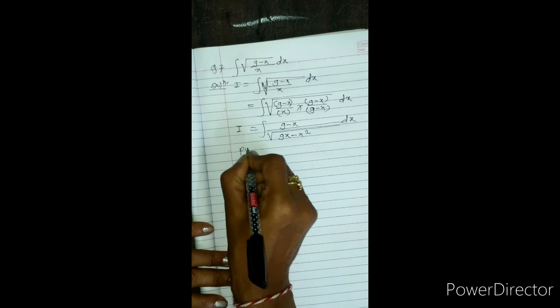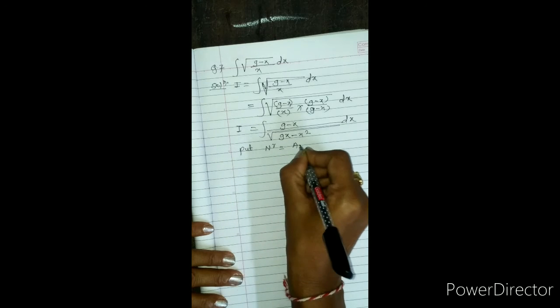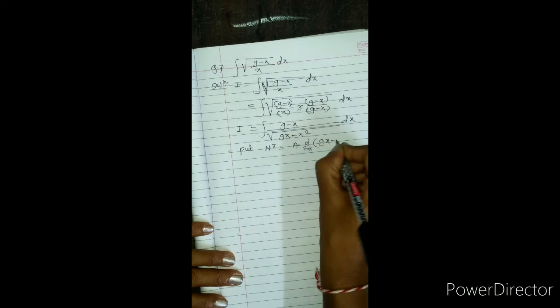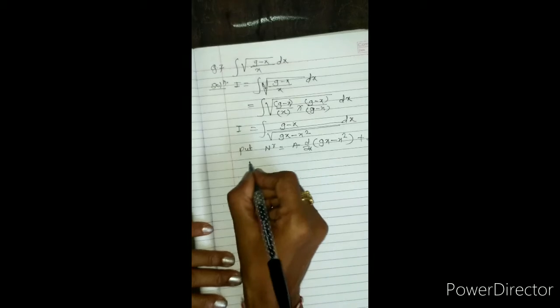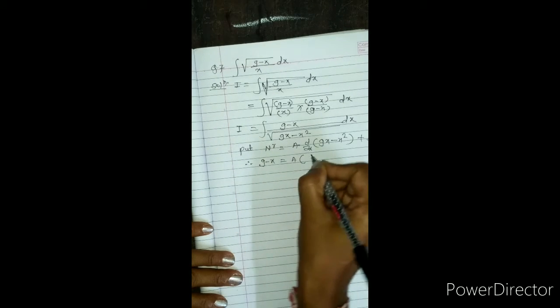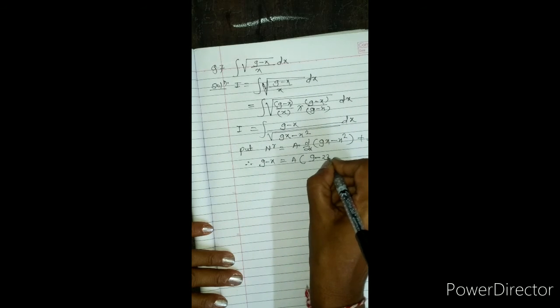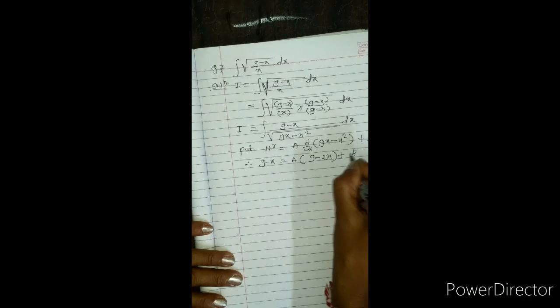We put the numerator equal to a into d by dx of this quadratic expression 9x minus x square, plus b. What is the numerator? 9 minus x is a into the derivative of 9x, which is 9, and the derivative of minus x square, which is minus 2x, so 9 minus 2x, plus b.